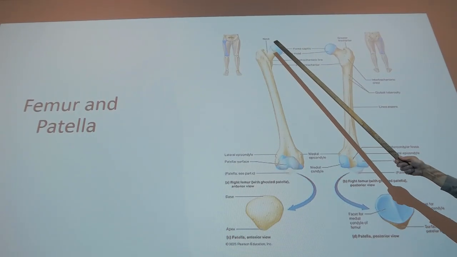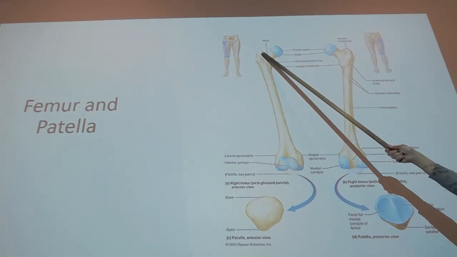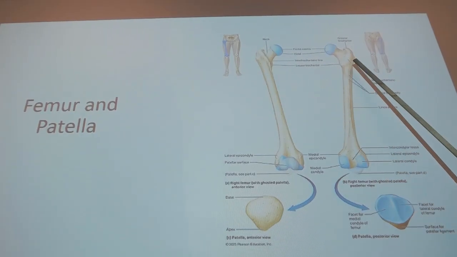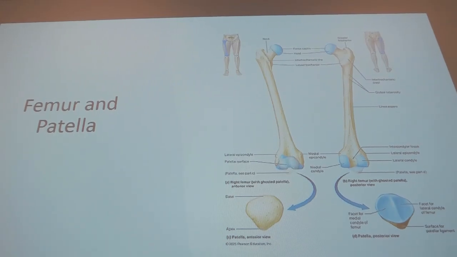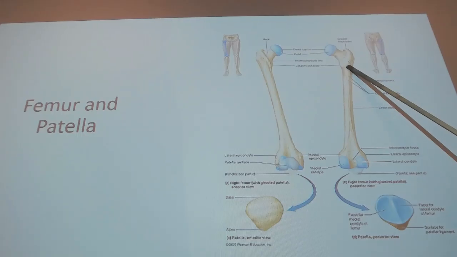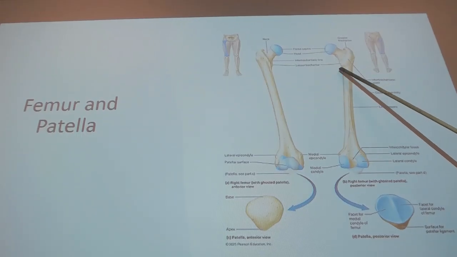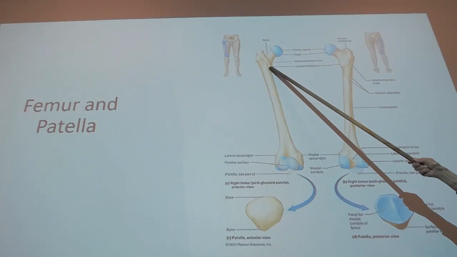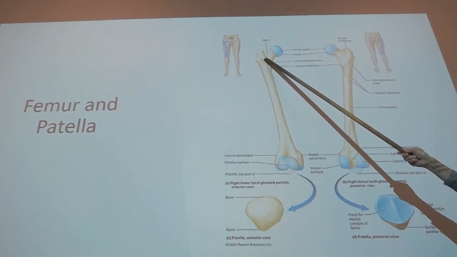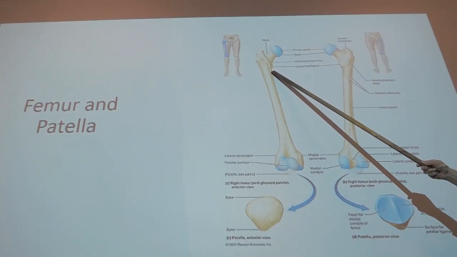Only anteriorly, we have the intertrochanteric line, while posteriorly we have the intertrochanteric crest. The crest is more prominent, it's a ridge, but it's more prominent posteriorly, so that's why it's called a crest, while here we have a ridge, but it's more subtle. So this is the intertrochanteric line.